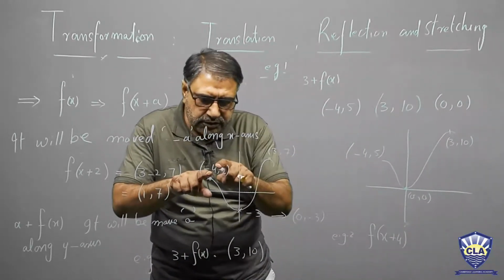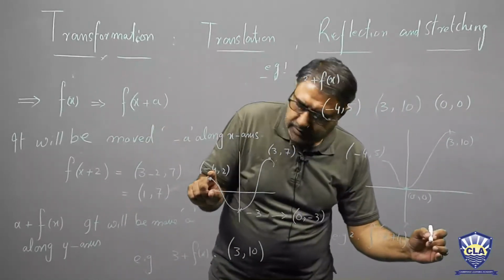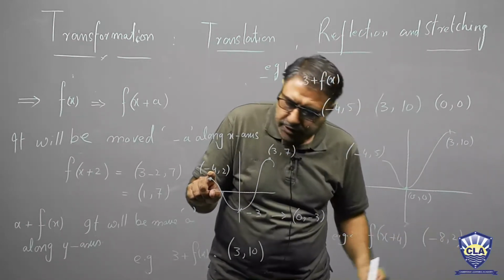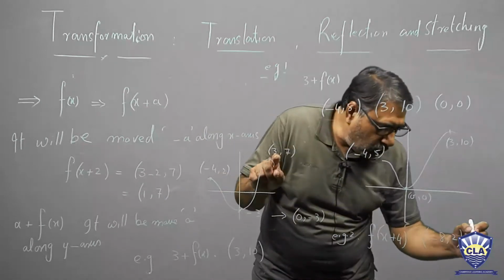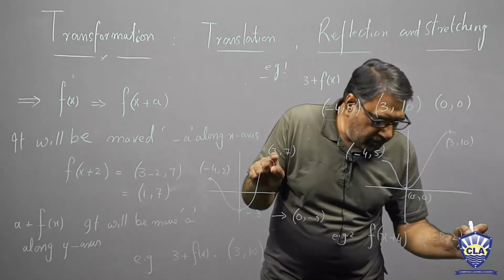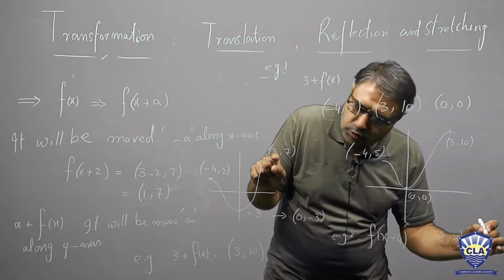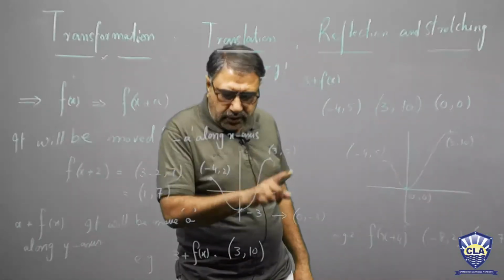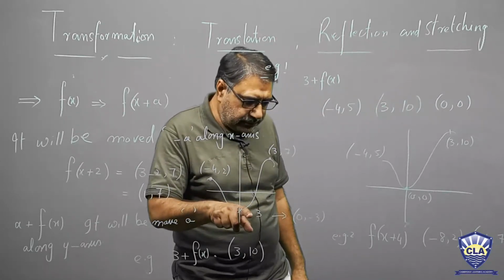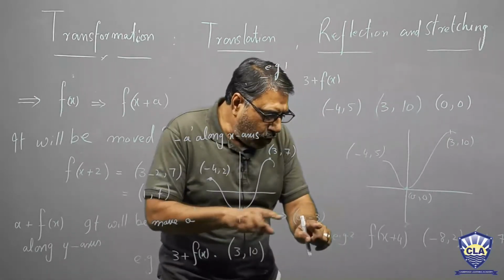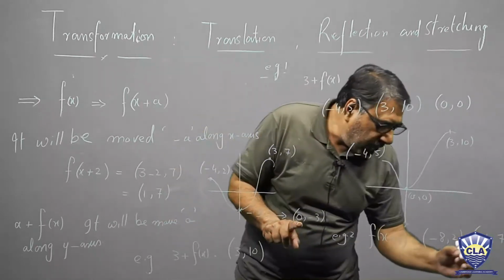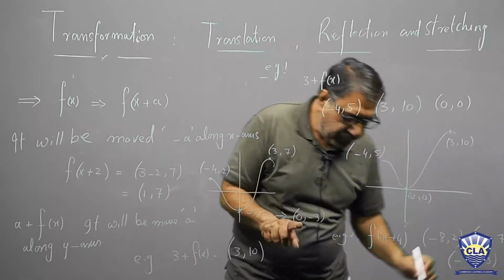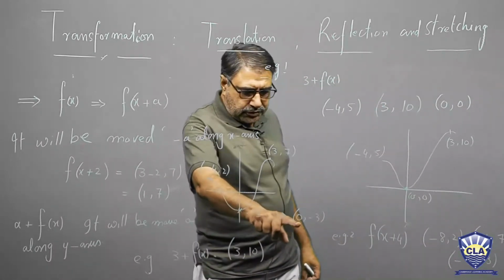It is positive 4, so minus 8, comma 2 is the first point. 3 minus 4 becomes minus 1, comma 7. Minus 1, comma 7. And 0, comma minus 3 becomes minus 4, comma minus 3. Minus 4, comma minus 3.